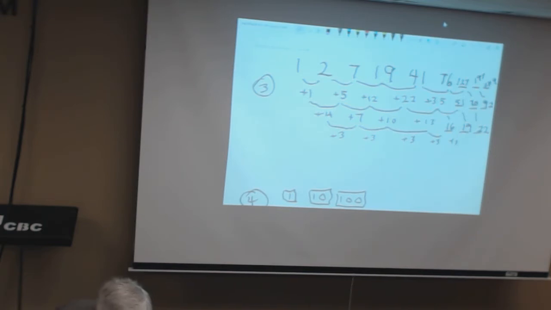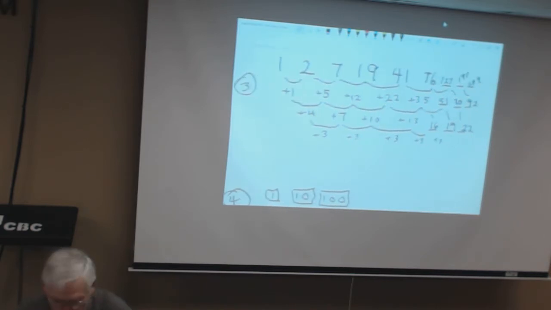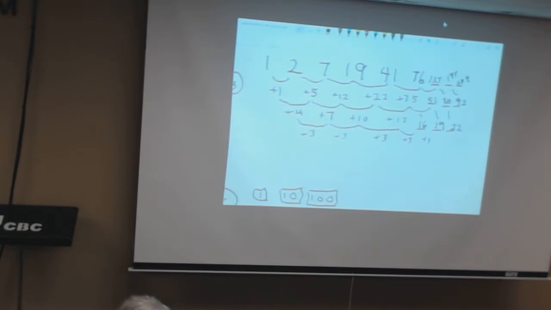Number 3, identify the pattern. Okay, now this is a little different than what's happened before. 1, 2, 7, 19, 41, 76, and they want the next three. And how did I get from 1 to 2? By adding 1.